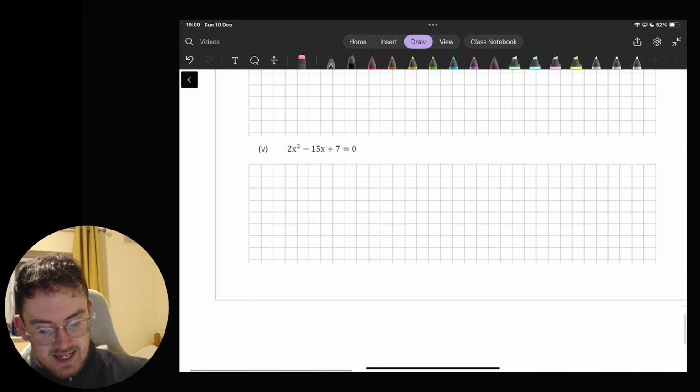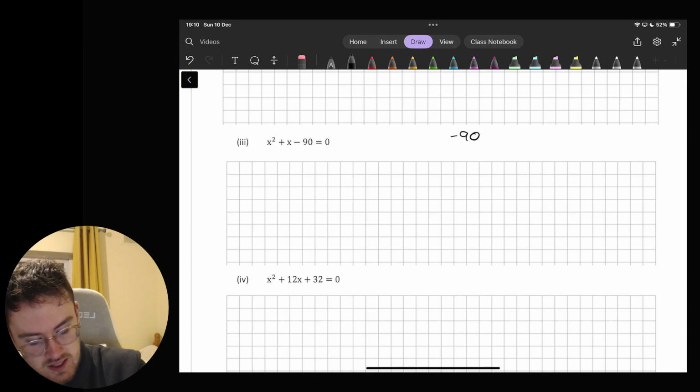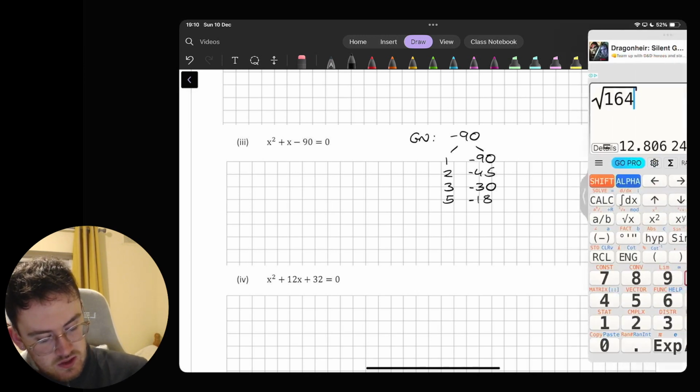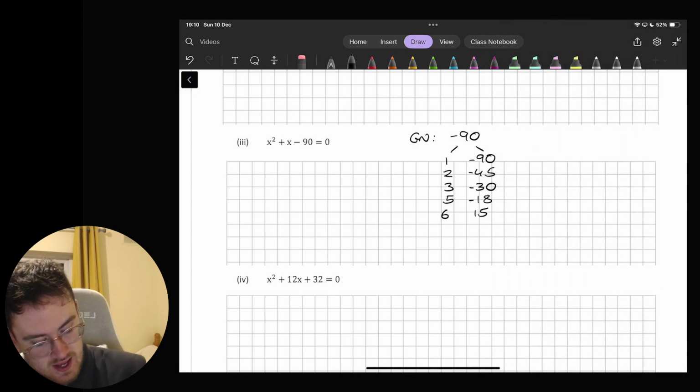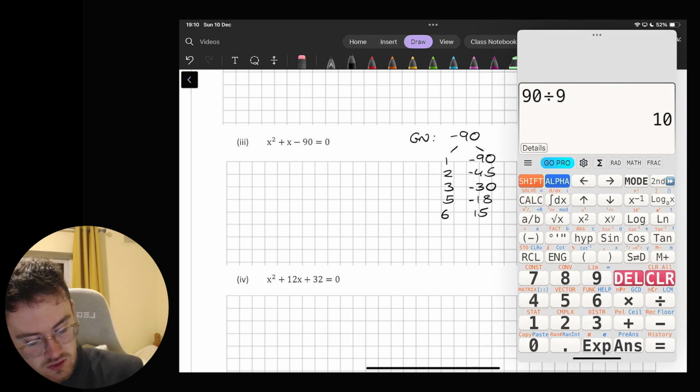Okay, jumping down to some of these later questions, let's do this middle one, x squared plus x minus 90. I need to find factors of 90, because I start by factorizing. So that's going to give me 1 and 90, 2 and 45, 3 and 30, 5 and 18, 6 and 15, and then 9 and 10 of course.